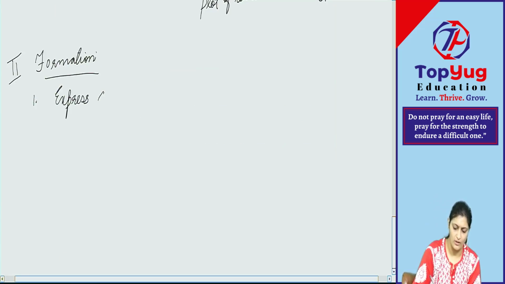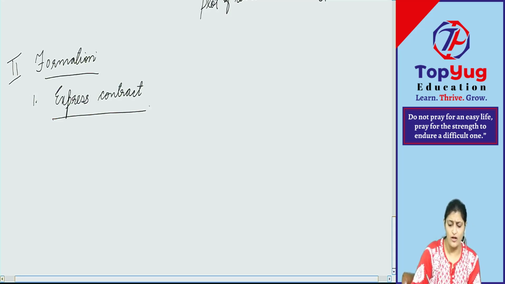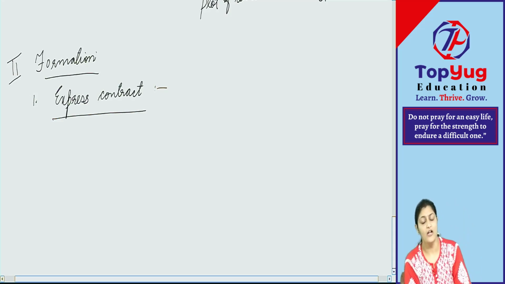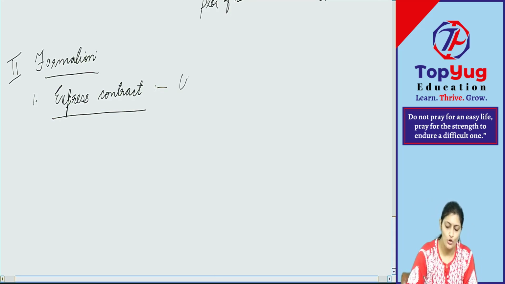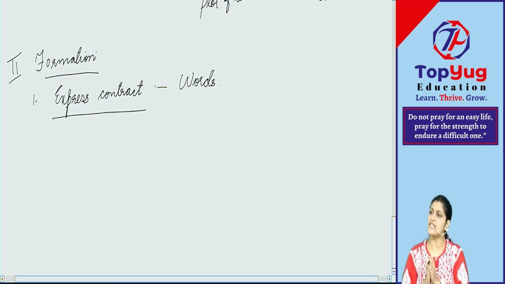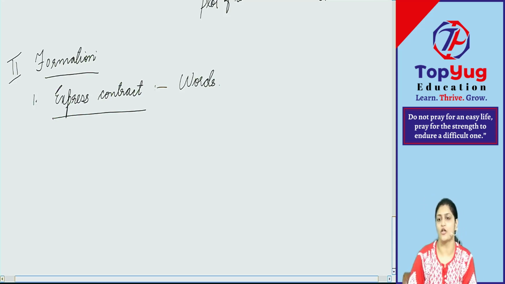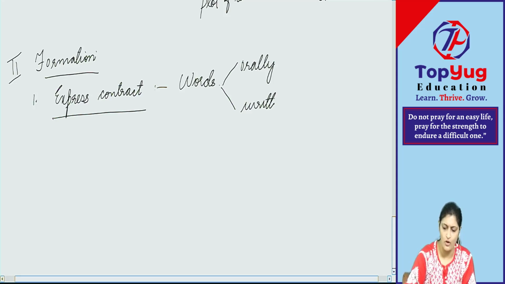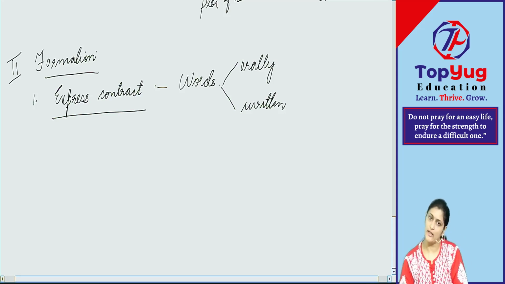The first one is what type of contract? Express contract. An express contract is a type of contract which is expressed using words. You can use words either orally or in writing. It can be in writing also or it can be oral also. Then also it is valid.